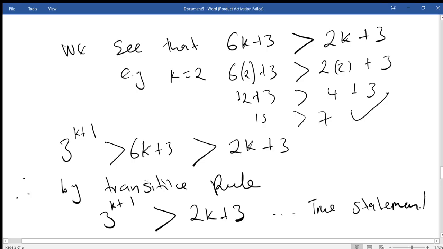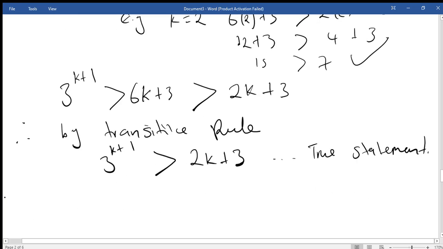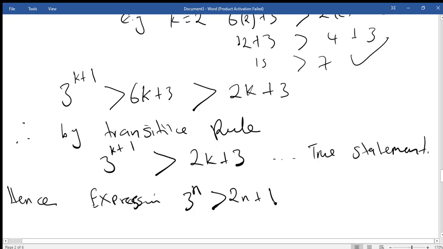So if it is a true statement, hence the theorem, the expression 3 power n greater than 2n plus 1 is true for n greater than 1, and you are done.